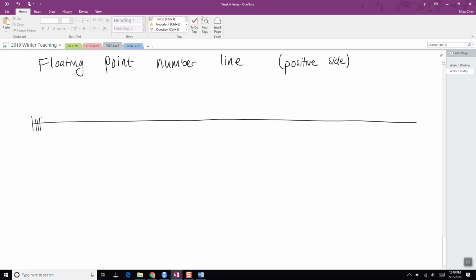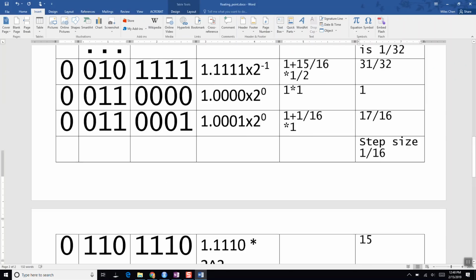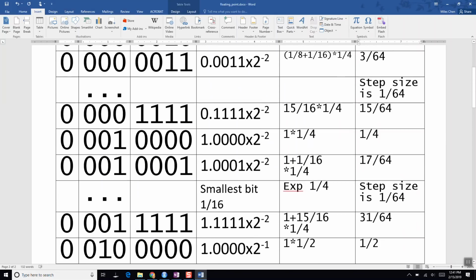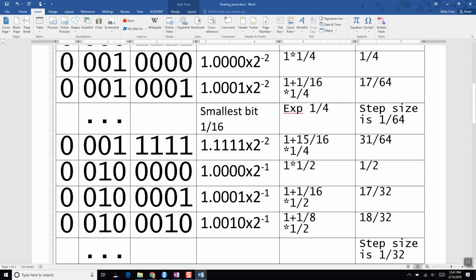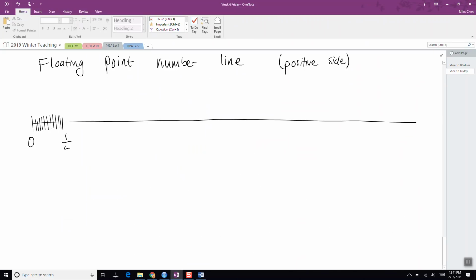In the beginning, things are spaced out really small. So here's 0, and up until we get to 1/2, our step size is 1/64. This is kind of the denorm zone.